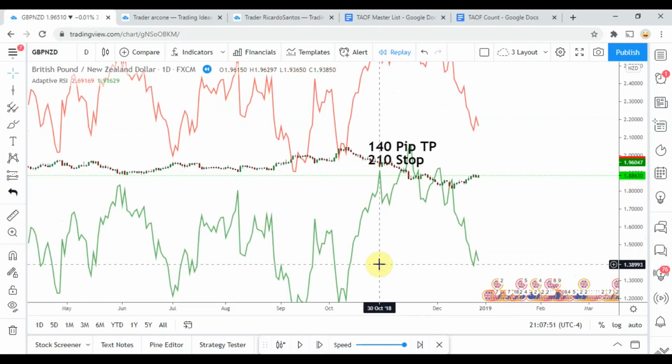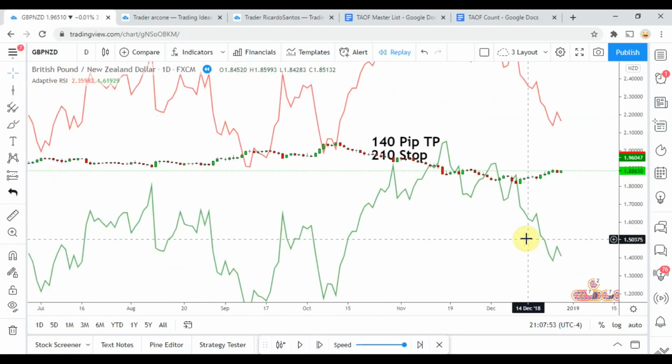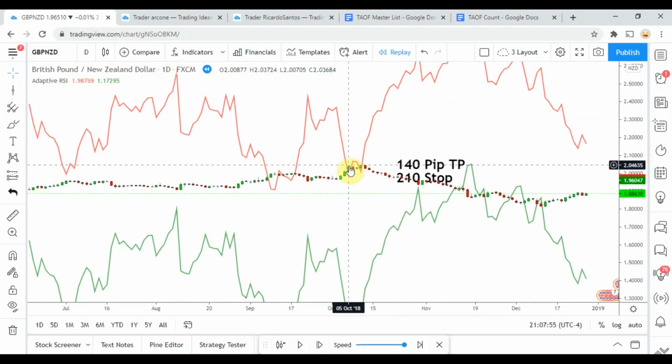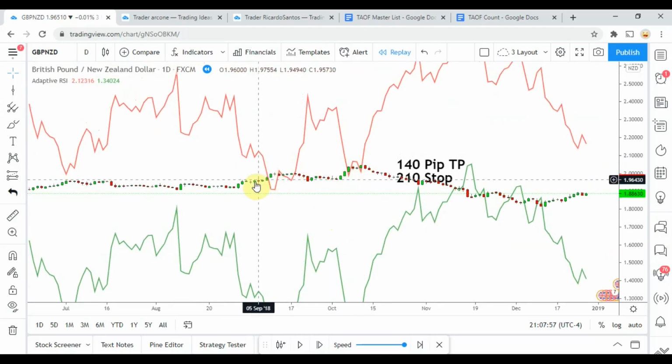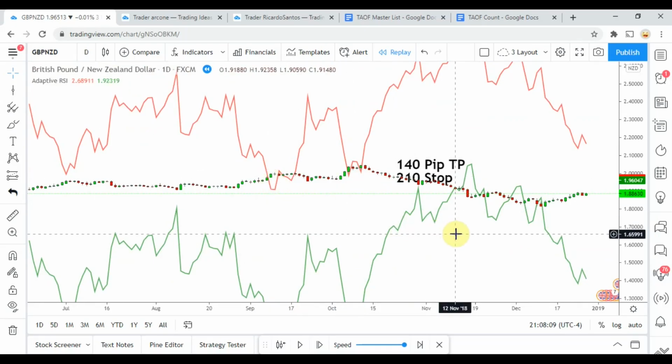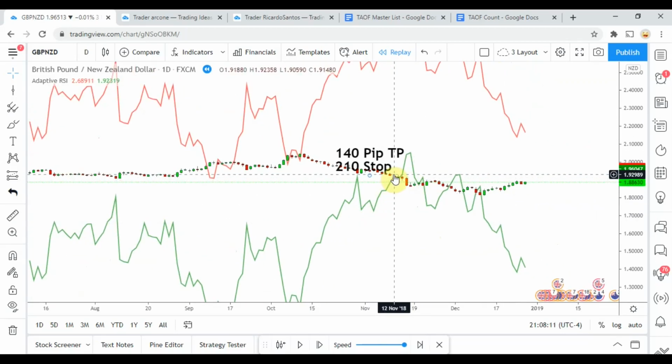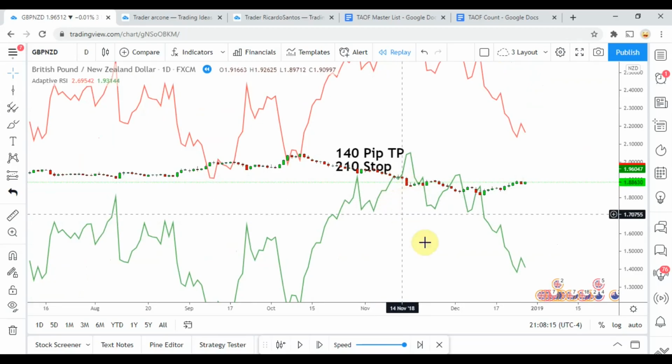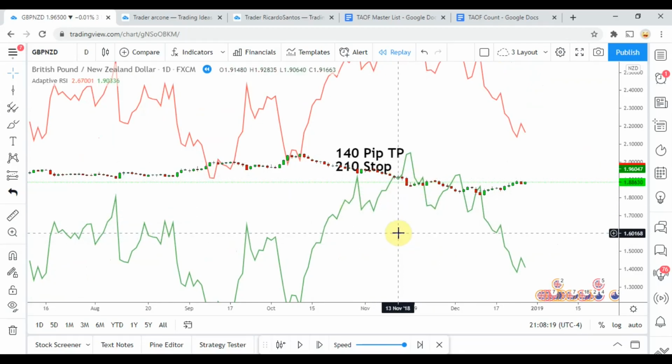For example, if we look at the red line here, when price action breaks up above this red line, it has reached into the overbought territory, very similar to the standard RSI. And when the price action breaks down below the green line, it has reached the oversold territory or area.